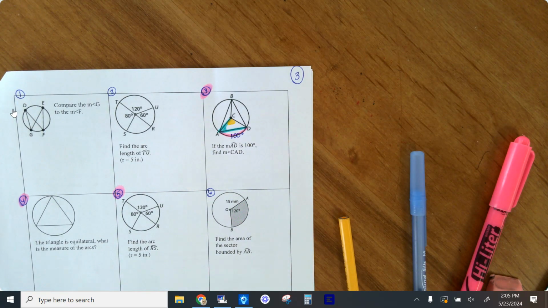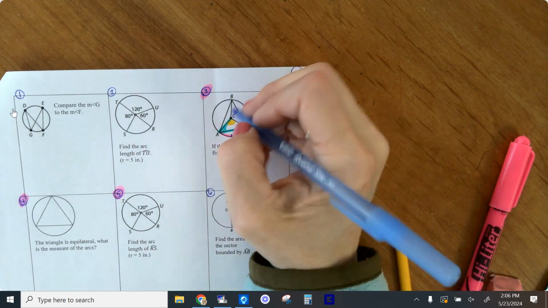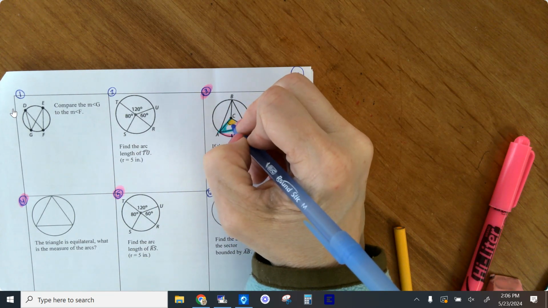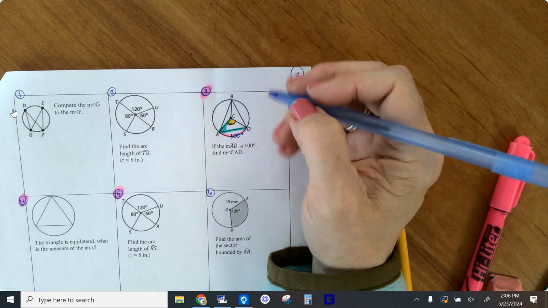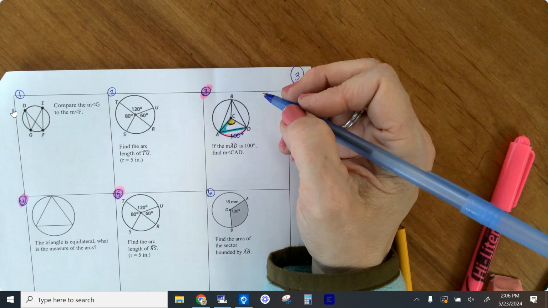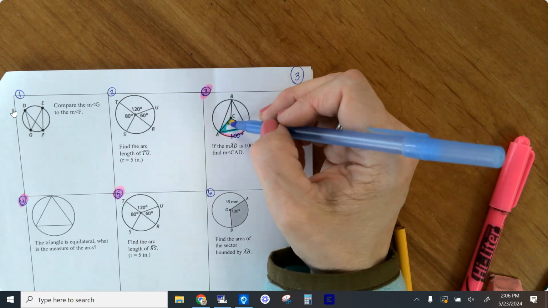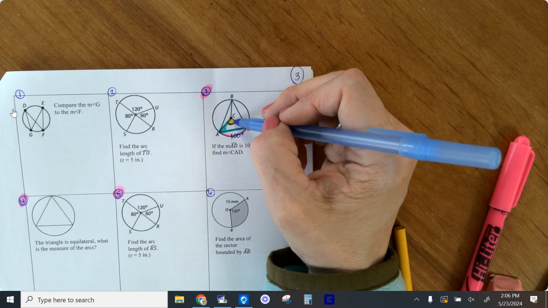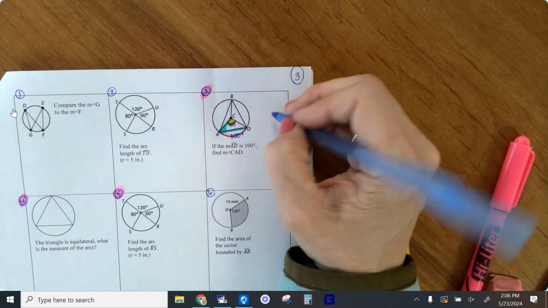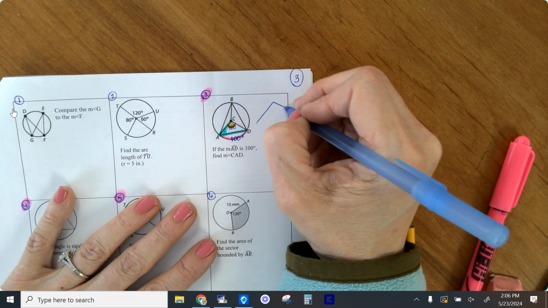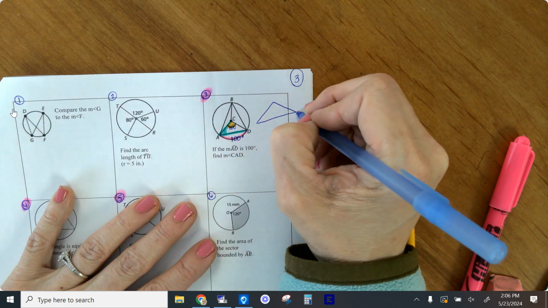Now this one is actually a really cool question. First of all, what is the measure of angle C right here, this yellow one? How much is that? This is 100 because it's a central angle and it matches the arc. Now I'm going to draw this out here so that you can see it better.